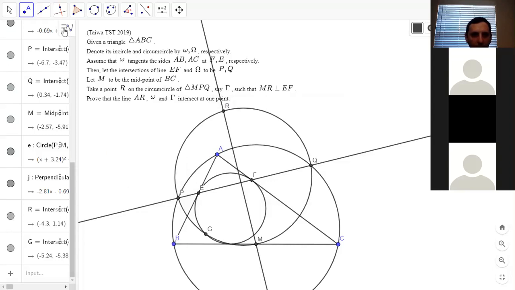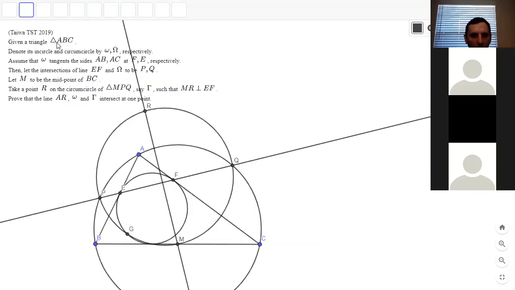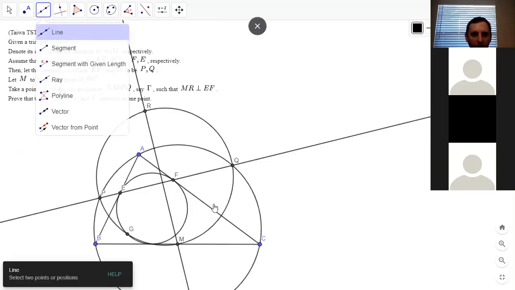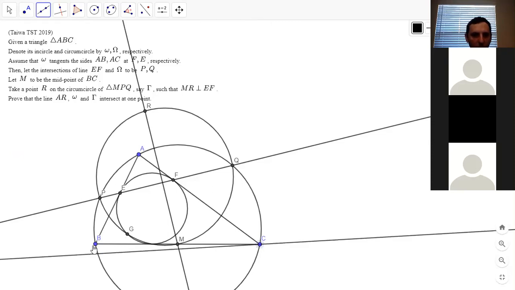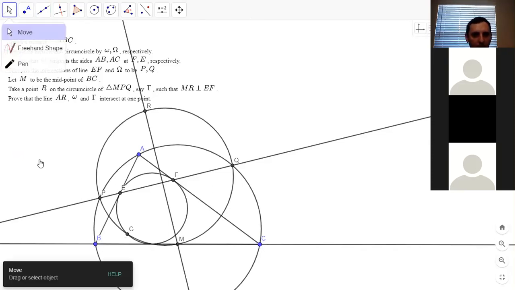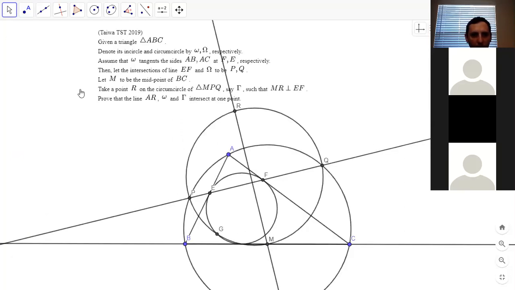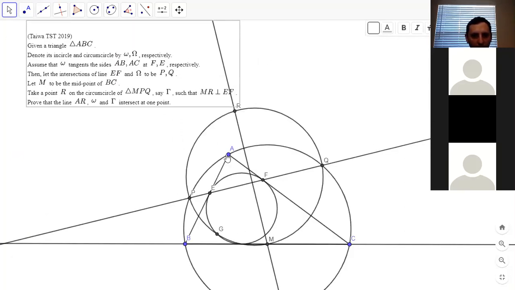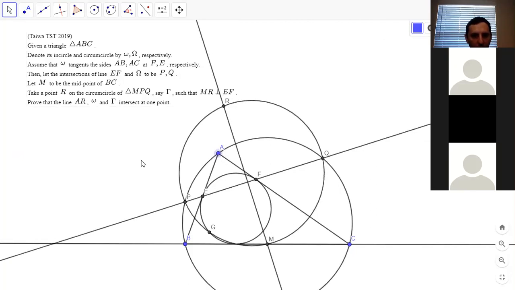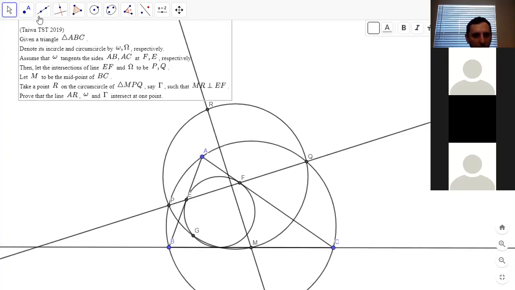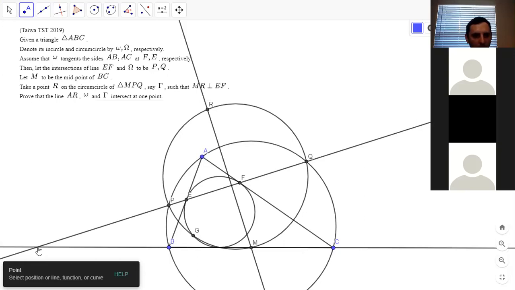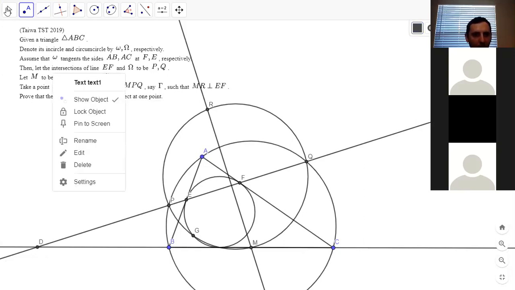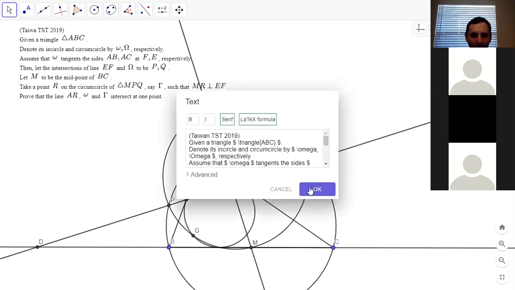So I'm going to hide PQ and BC. Oh, you want to draw the intersection of PQ and BC? Yeah, that's often helpful. Maybe I can make it a little closer, there we go.